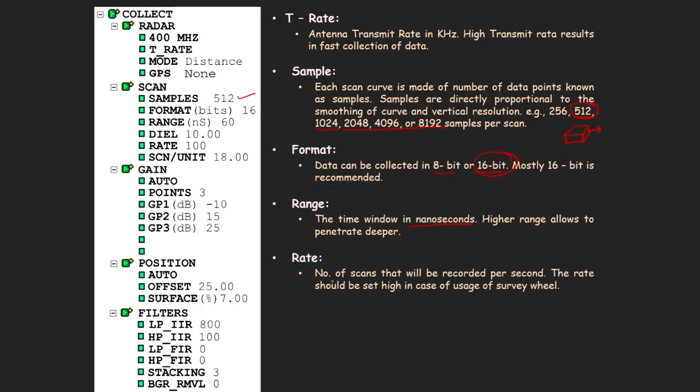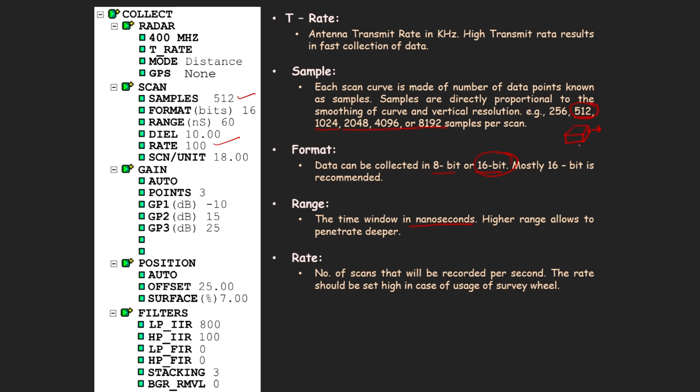And the rate is like what we are talking about. Rate is the number of scans that will be recorded per second, so that you can also set. The rate should be set high in case of using the survey wheel. If you are using the survey wheel, then the rate has to be higher. Otherwise, there is another method, which is the point method.